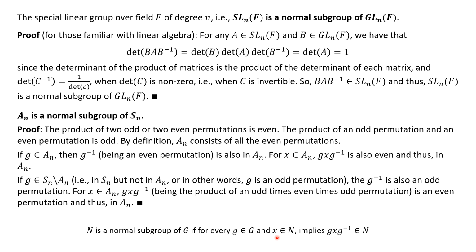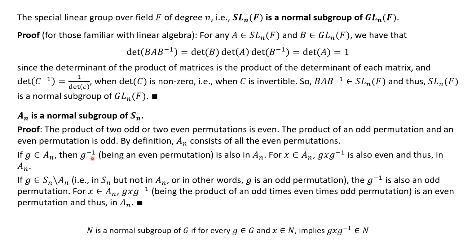we want to again use this alternate definition of normal to show that An is a normal subgroup within Sn. There are two cases. We take this g, small g within G, and it can either be in An or it can be in Sn but not in An. So there are two cases here.